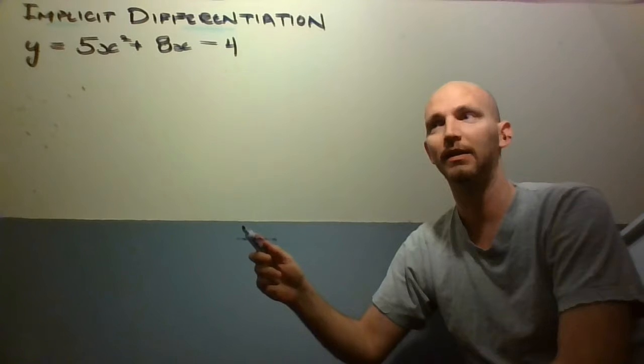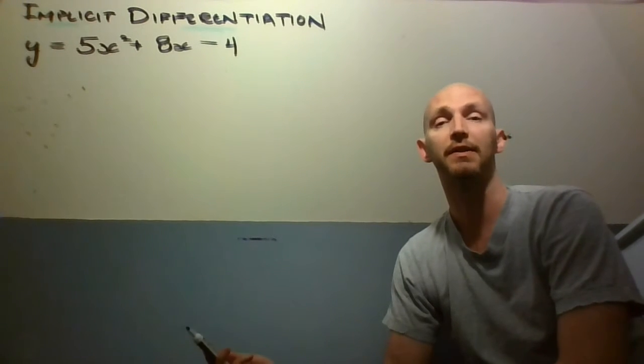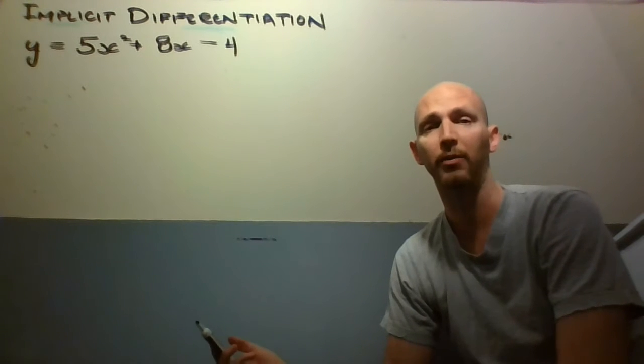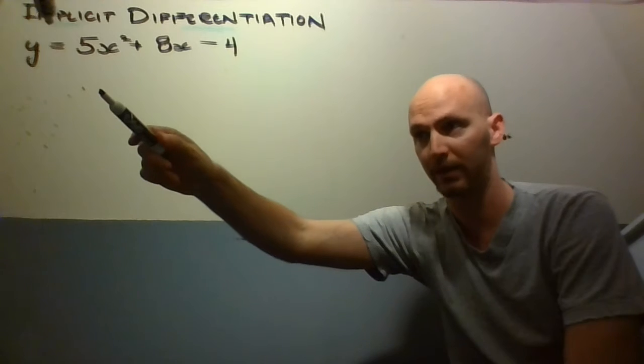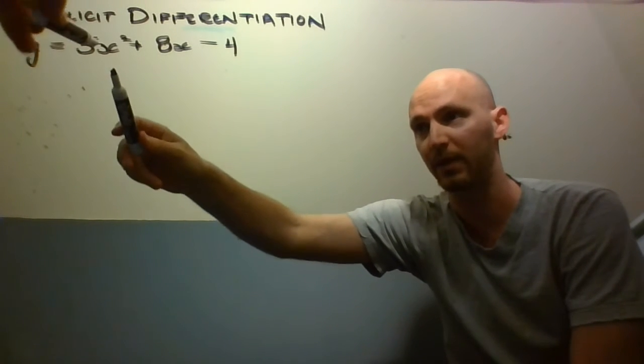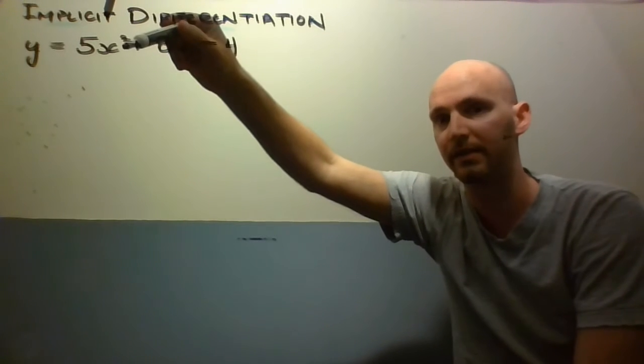So implicit differentiation is just taking a derivative, but it's asking you to take a derivative by a variable that doesn't match your equation. So if you look at this one here, y equals 5x squared plus 8x minus 4, the variable in here is x.